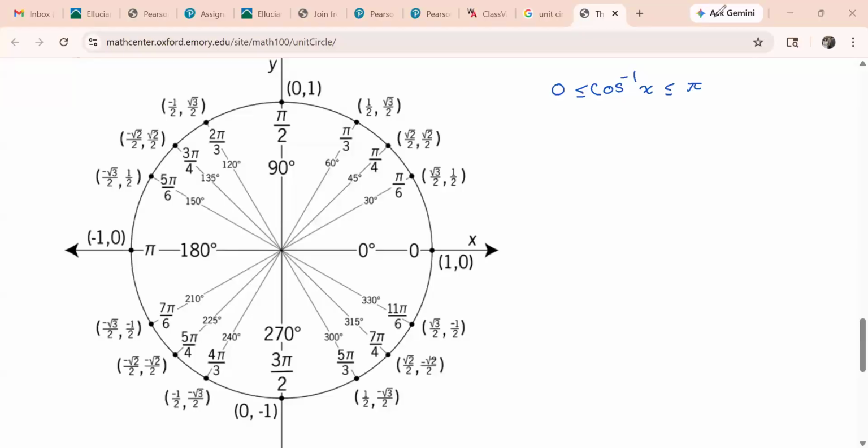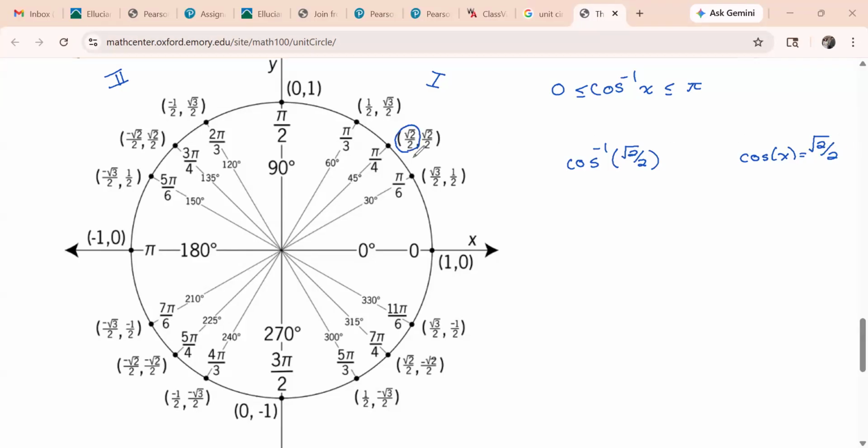So if we're talking about inverse cosine, it was bound between 0 and pi. So that puts it in quadrant 1 and quadrant 2. So if I was looking for inverse cosine of square root of 2 over 2, that means I'm looking for this cosine of some x is going to be equal to square root of 2 over 2.